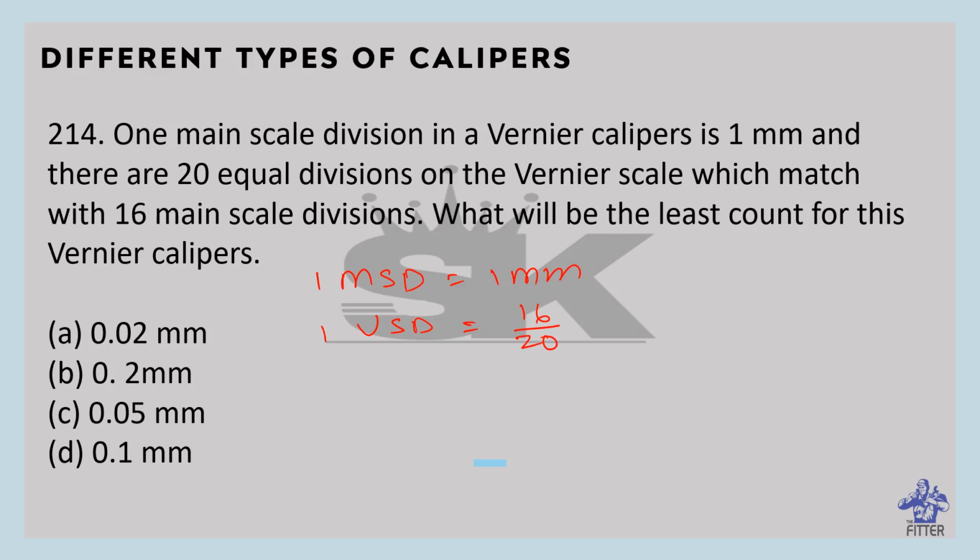This is also in mm. So least count equals to 1 MSD minus VSD. So here 1 minus 16 upon 20 equals 1 by 5, because 4 by 20 is the output. So 1 by 5 equals to 0.2 mm. Here the answer is option B.